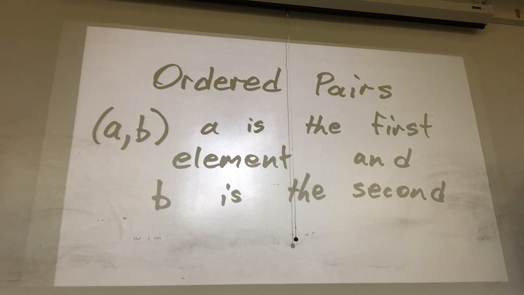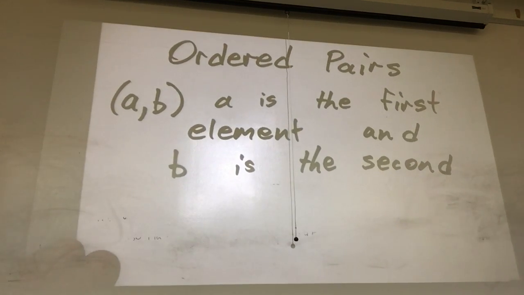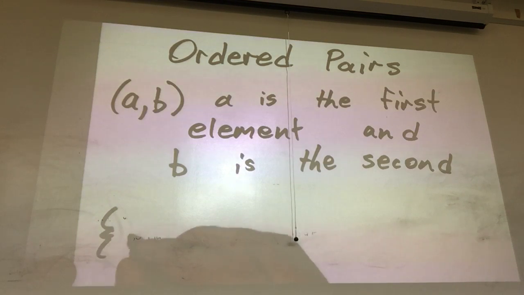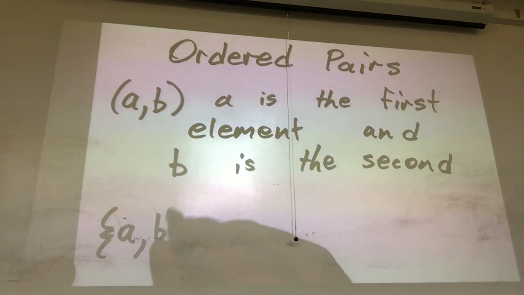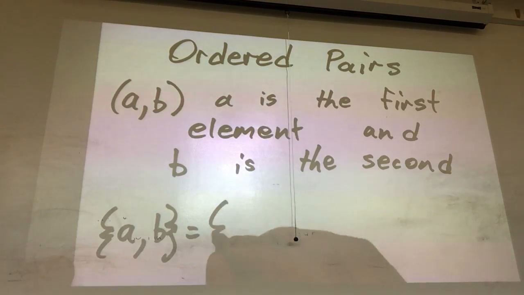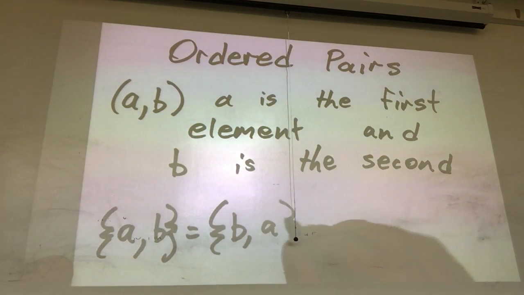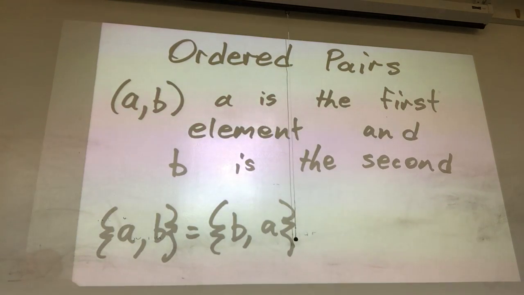So, when talking about sets, for a set, AB equals BA.